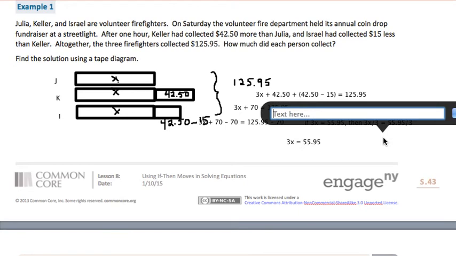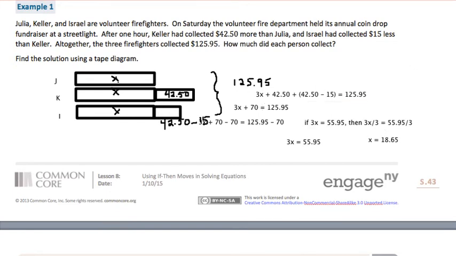And when we do the math, x will equal 18.65. Which means that inside each of these boxes would be 18.65.